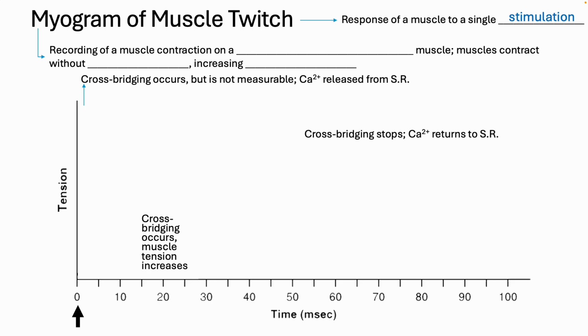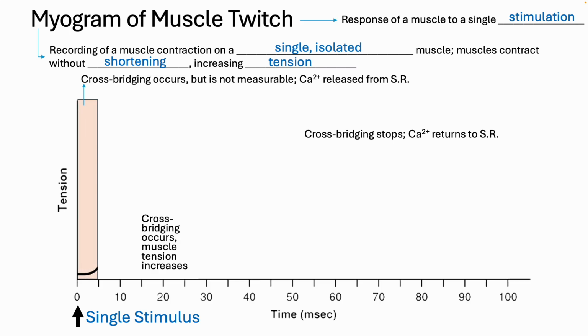A myogram records a muscle contraction on a single isolated muscle. Muscles contract without shortening, which increases their tension. So we measure tension on the y-axis and look at what's happening on the x-axis over time. You have your initial stimulus that is not really going to produce any change in tension.